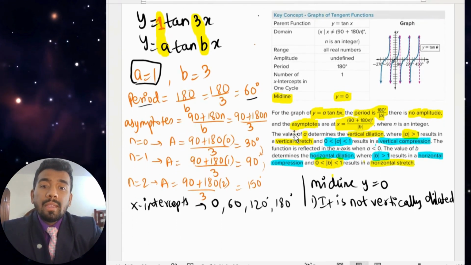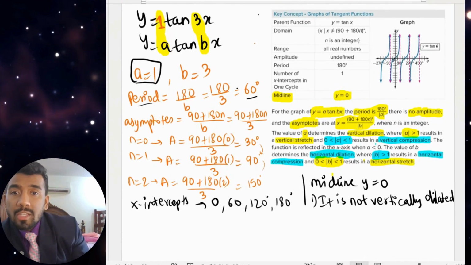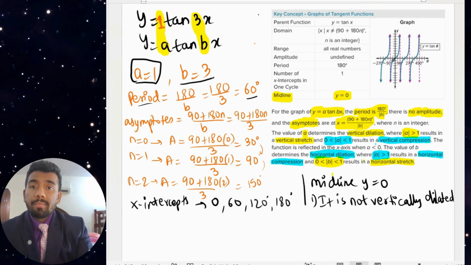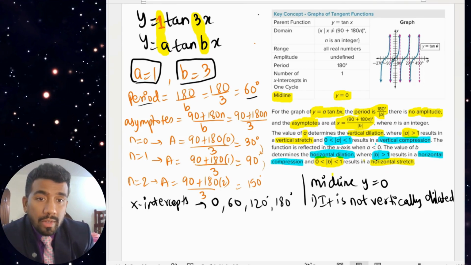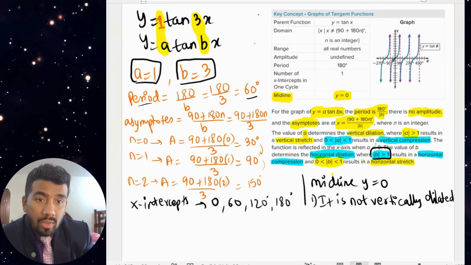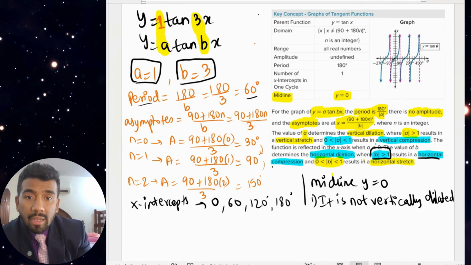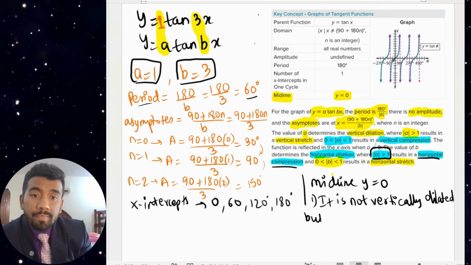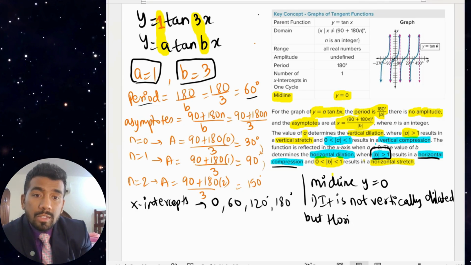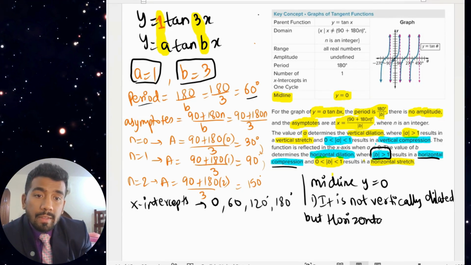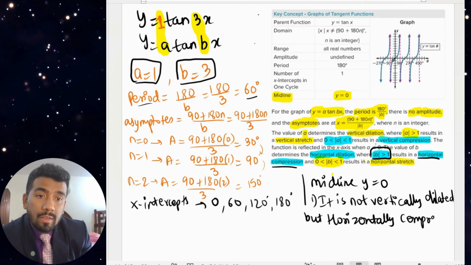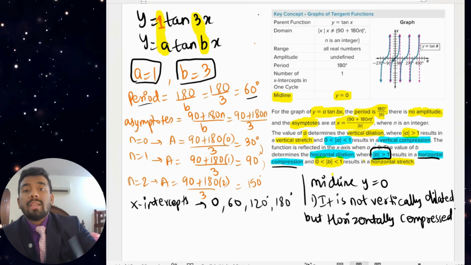Next for b, check what b is. 3. So that's more than 1. If b is more than 1, it's horizontally compressed. So it's not vertically dilated, but horizontally, what you can say? Compressed. Okay, so that's how you do it. That's the transformation.